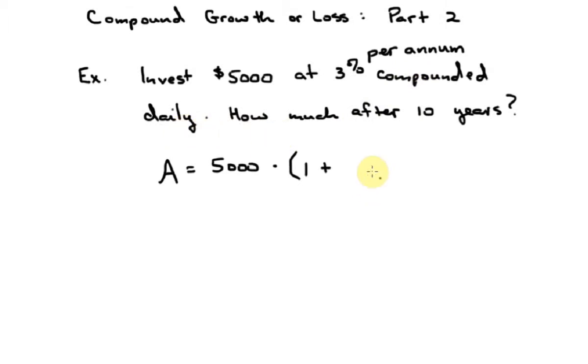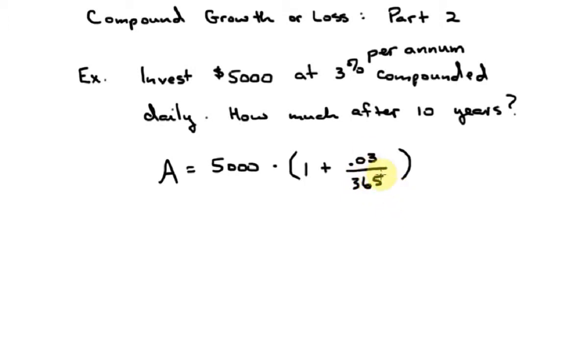So what does that mean I put in here? Well, yes, it's 3%, which is 0.03 in decimal form, but you have to divide that, because they're doing this every day, but you don't get 3% every day. You get 3% divided up by 365 days.